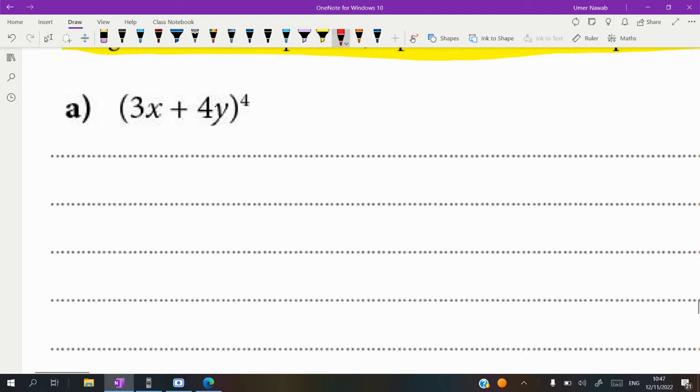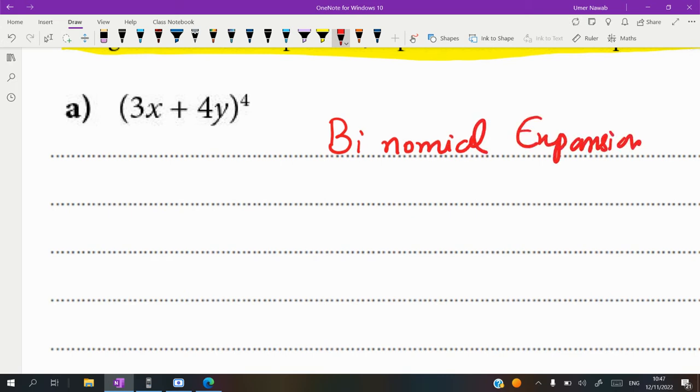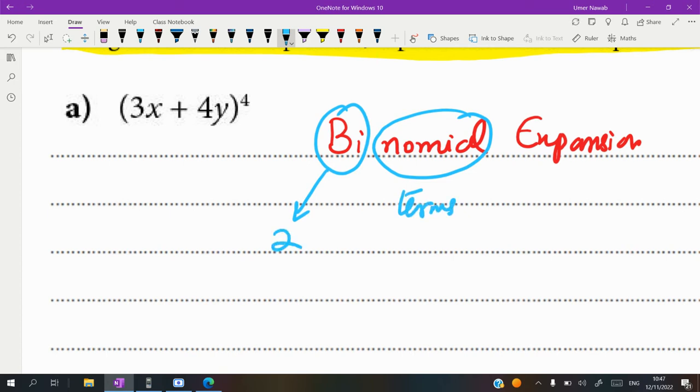When the word binomial expansion comes to us, bi tells us two, terms means terms, so it is a two-term expansion. You're already familiar with this: if I write (a plus b) to the power 0, I will always get 1, because any power 0 is always equal to 1.